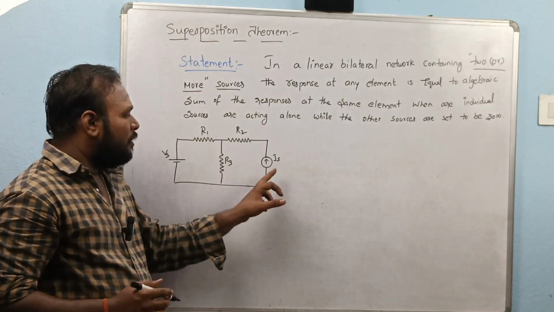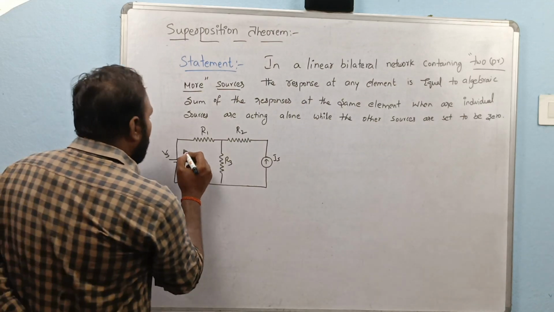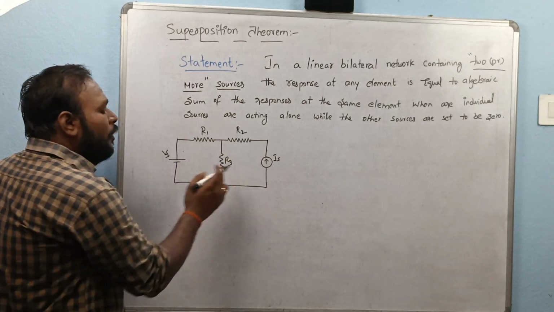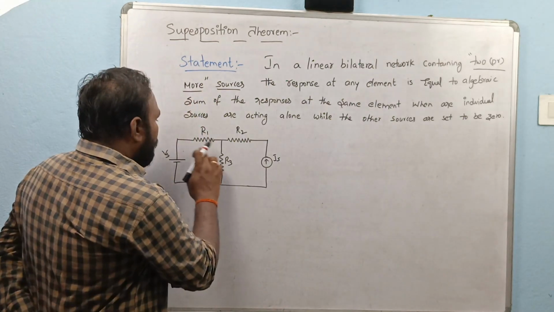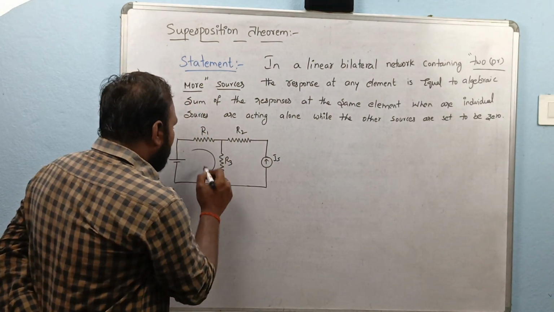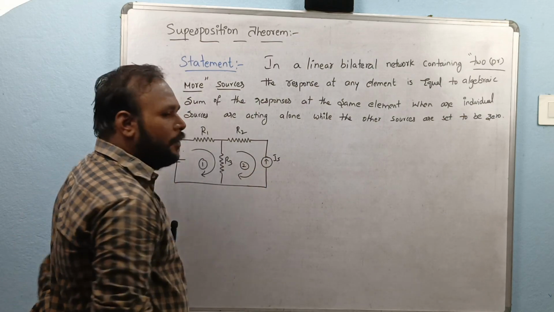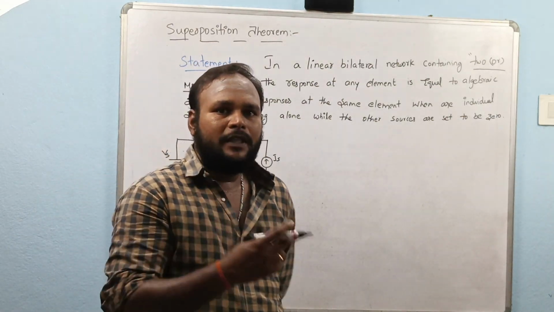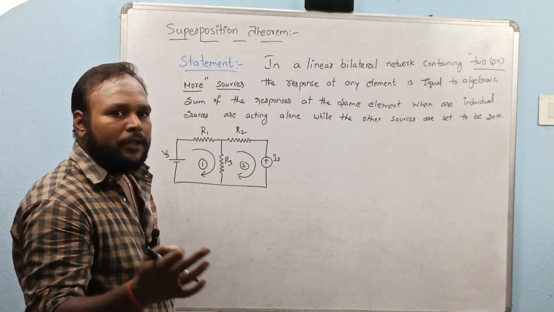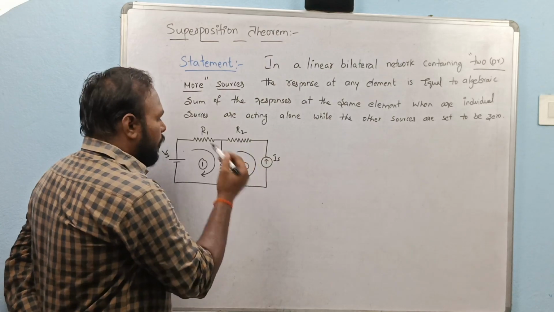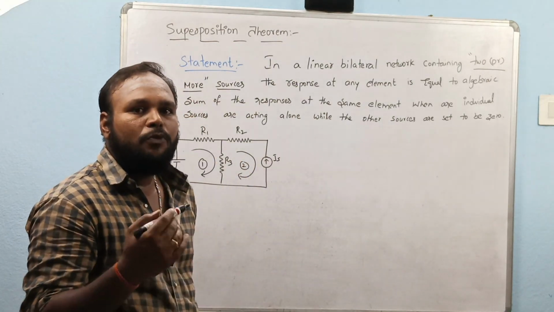One is a voltage source, another one is a current source. How many loops are there in this circuit? Two loops. This is loop 1, this is loop 2. How many elements are there? Three resistive elements, R1, R2, R3. With this we are going to explain the superposition theorem.